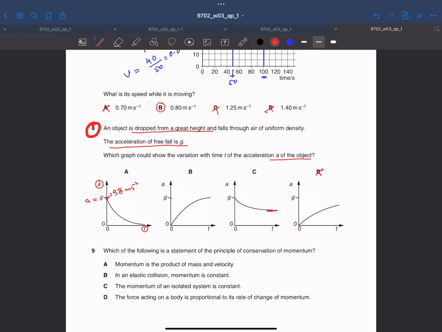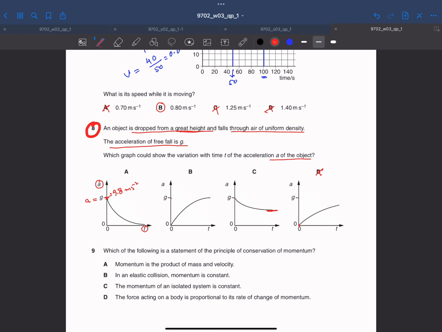What is the situation here? The acceleration is constantly decreasing because you are dropping the body from a great height. Through the air, the air will work against the weight of the body and you will have the concept of terminal velocity.